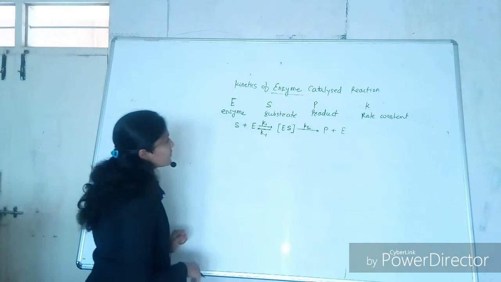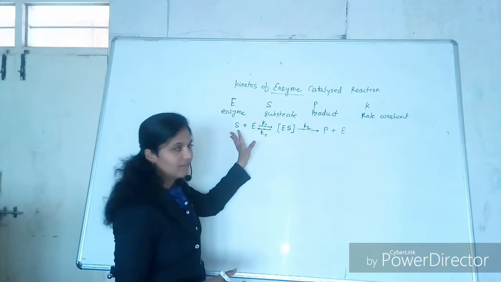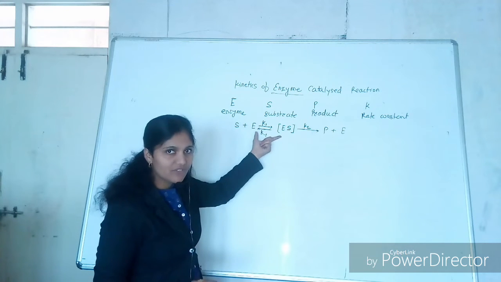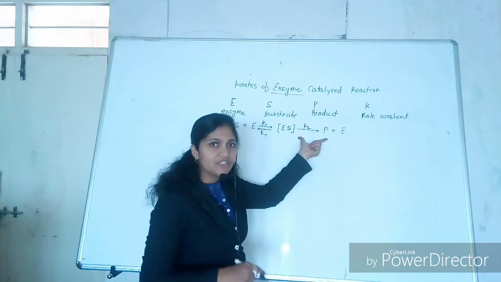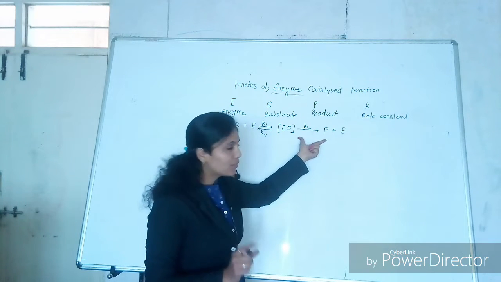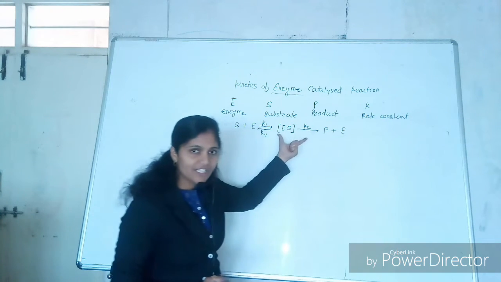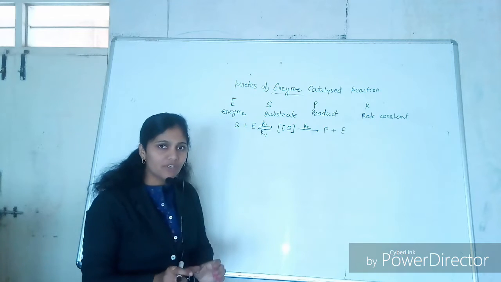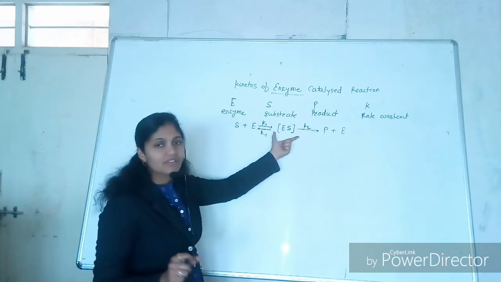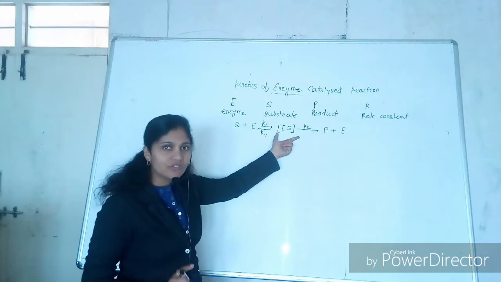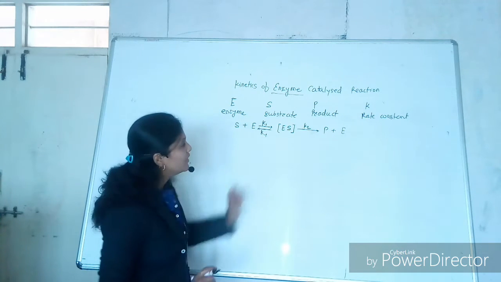See this reaction carefully. The first step is reversible. This is the second step, and the product forms in the second step. So the concentration of product depends on the concentration of enzyme substrate complex.